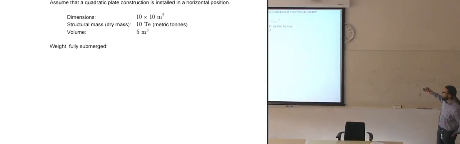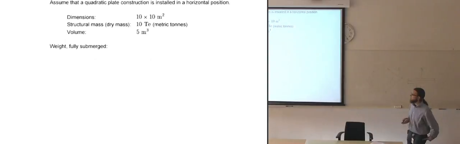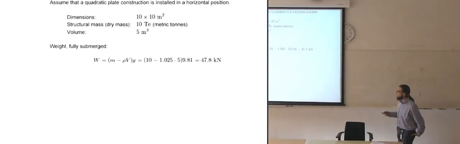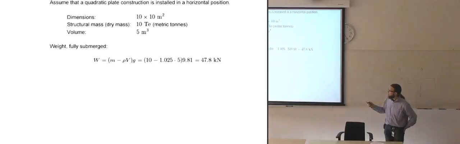So once we have managed to fully submerge the entire plate, we can look at what weight we're going to get then. So we will get the mass of the plate, which was 10 tons, and we subtract the density of the fluid with the volume of the fluid displaced. We multiply it with G, so we get this.